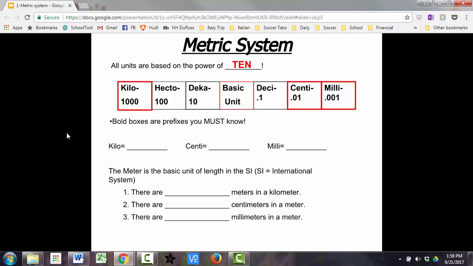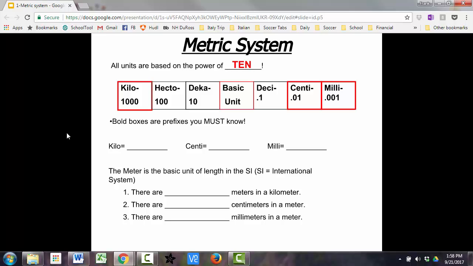You have variations on that. What's the base unit for mass in the metric system? Anyone have any idea? Bella? Grams. How about volume? Jade? Liters. Okay.